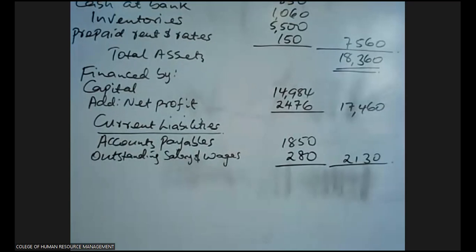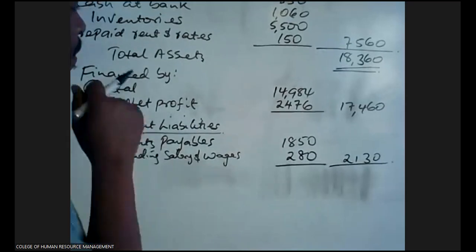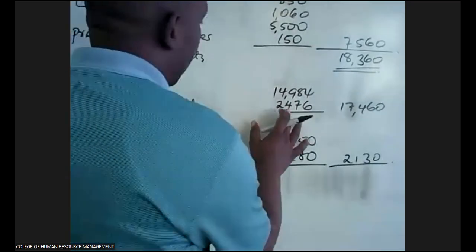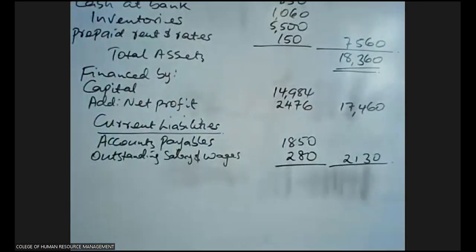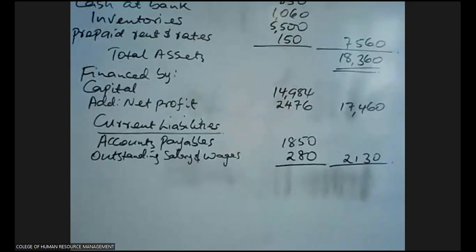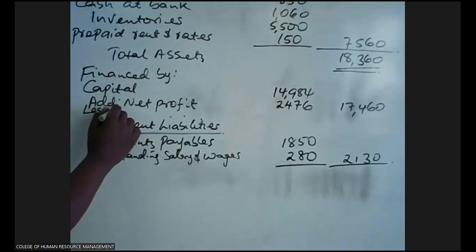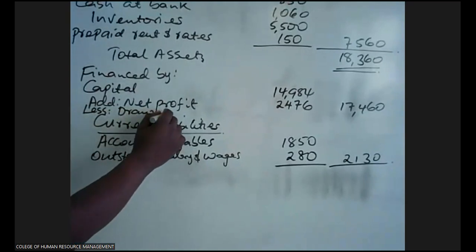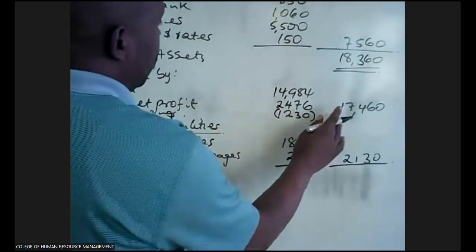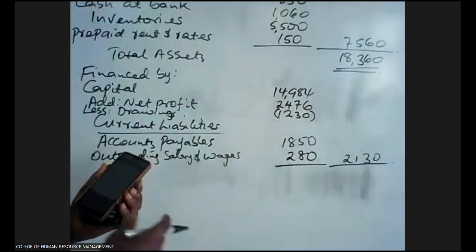Sorry. I think we achieved something. There was drawings. I've just seen it. If you look at the question, there was drawings of that, which was supposed to be captured here. Sorry for that.